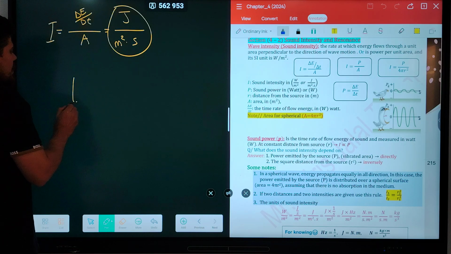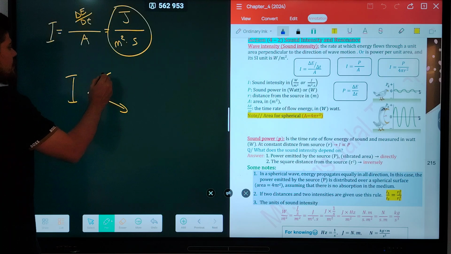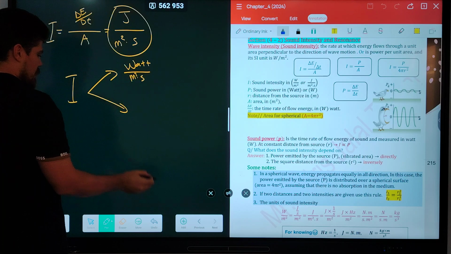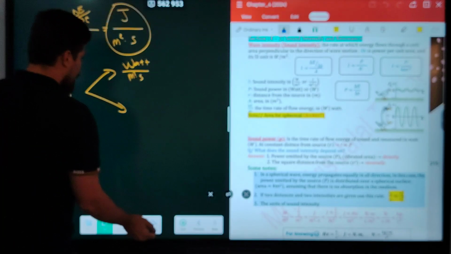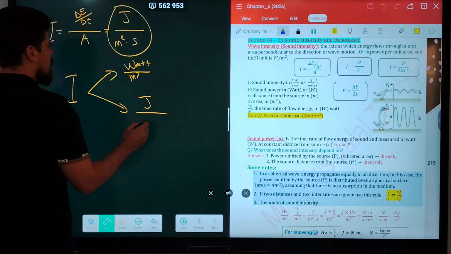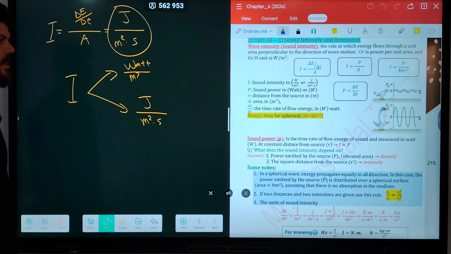So the equivalent unit of intensity is watt per meter square, or joule over meter square second.